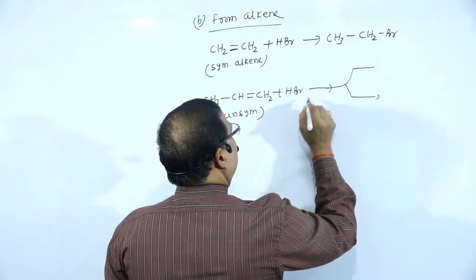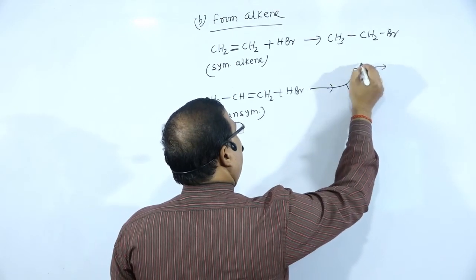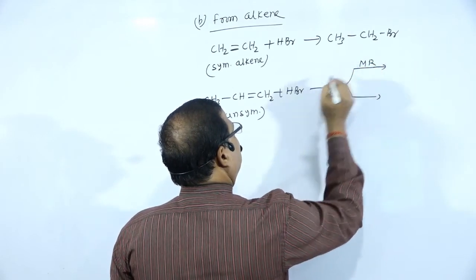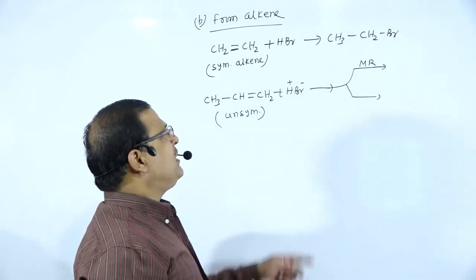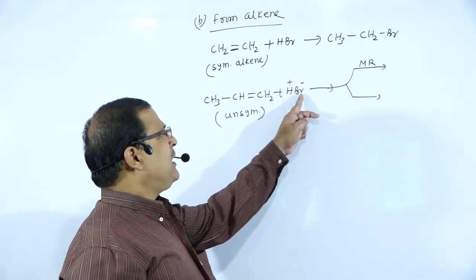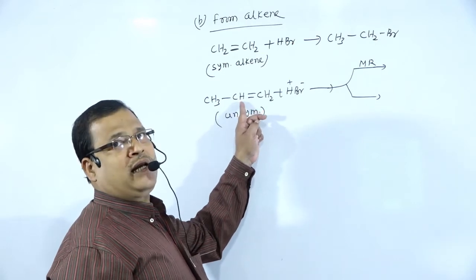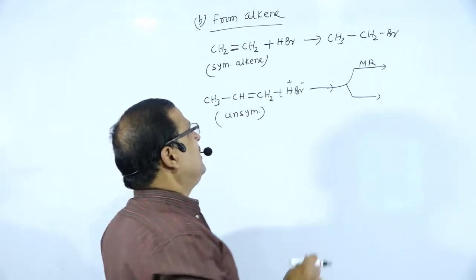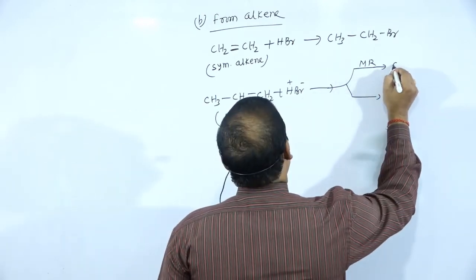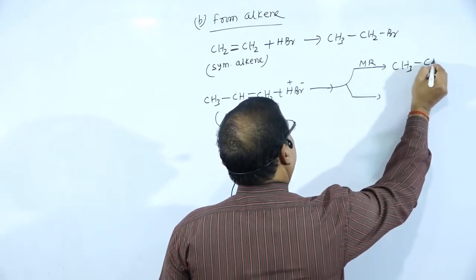According to Markovnikov's rule, H+ Br-, the negative part will be added to that carbon atom which contains less number of hydrogen atoms. That is Markovnikov's rule, taking place in the absence of organic peroxide.